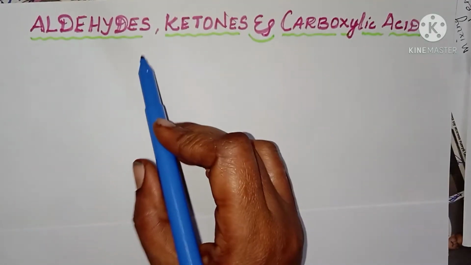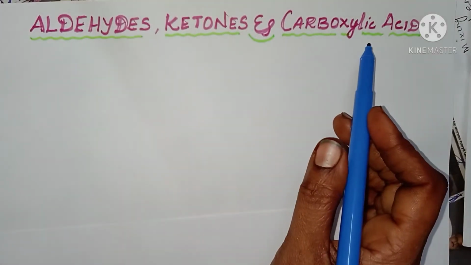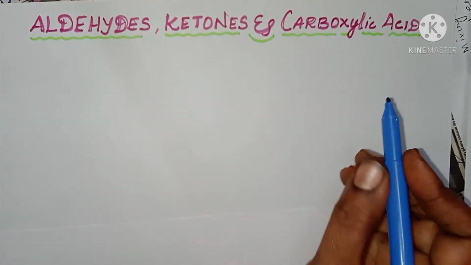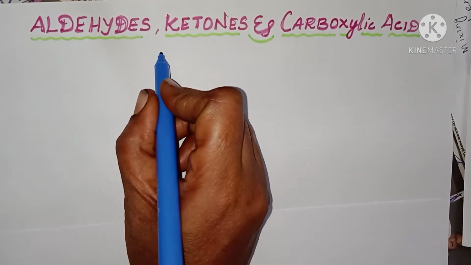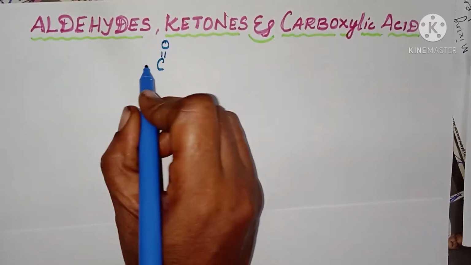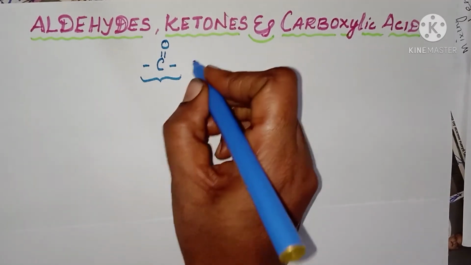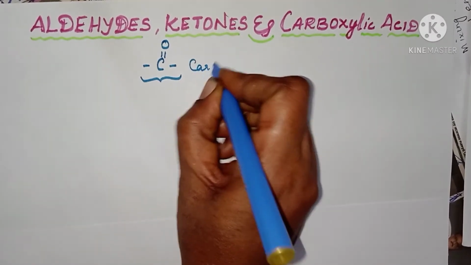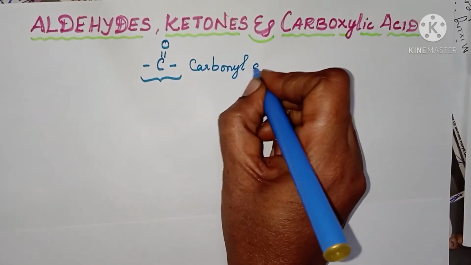Now, all these compounds, aldehydes, ketones, carboxylic acid, come under the carbonyl group. Carbonyl group means carbon attached with oxygen by a double bond. So, this is called the carbonyl group.